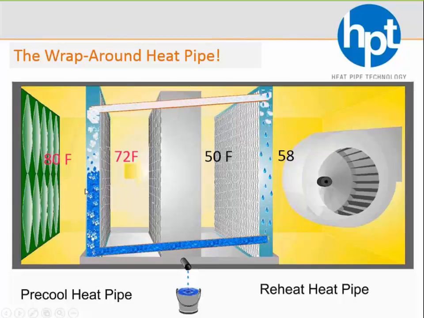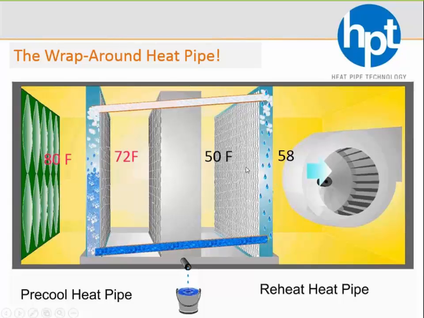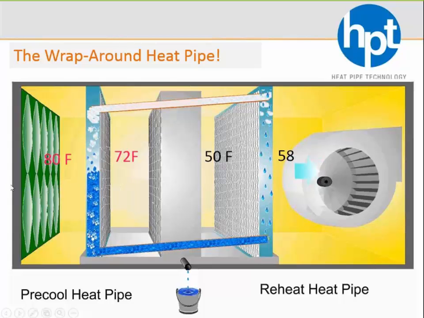So you have about a 30-degree delta T here, which is what's dropping this temperature down to 72 and heating it up to 58. As this temperature difference gets larger, the performance goes up. As it goes lower, the performance goes down, hence being a passive device. So what's driving this system, again, is this 80-degree outside air and 50-degree air leaving the cooling coil.